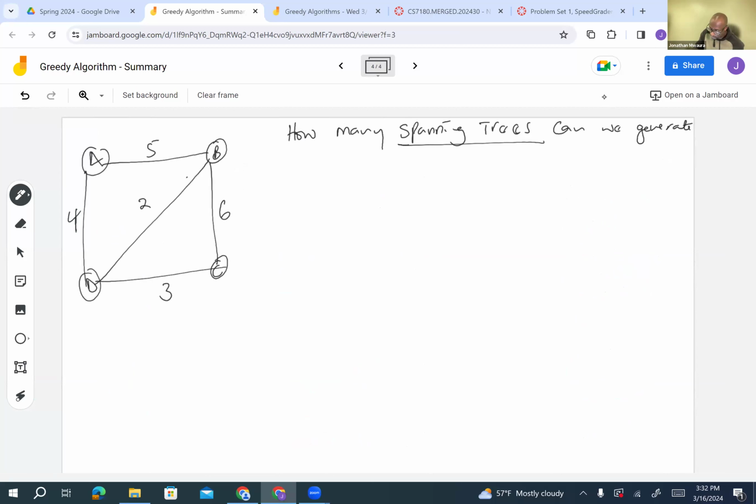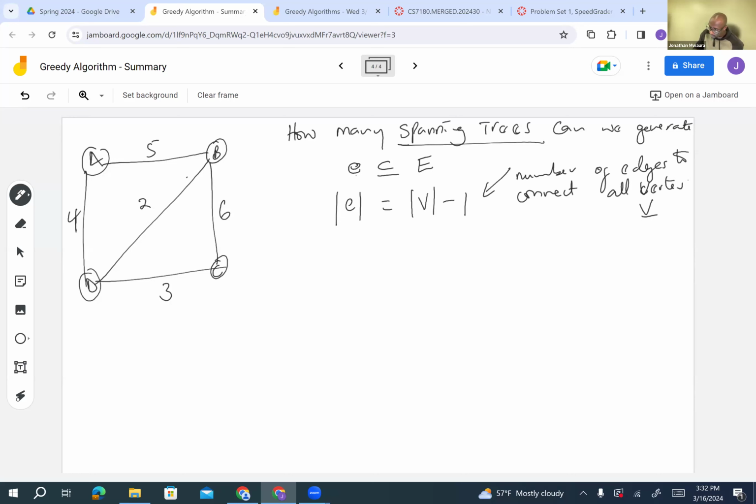Good question. Now, remember what we said. We need a subset of edges, small e, of E, the total number of edges that we have. And then we said the cardinality of e must be equal to V minus 1. We need V minus 1 edges to connect all vertices V. So how many vertices do we have?